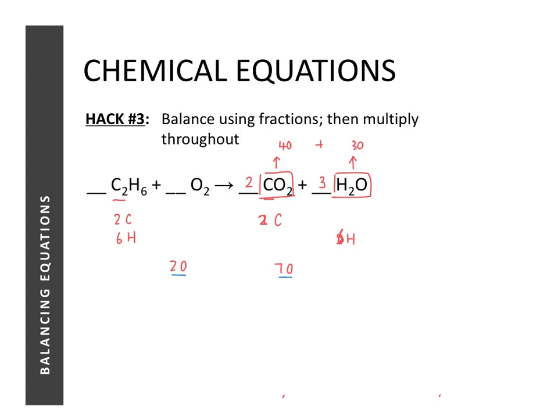So how do we balance it? Again, it is to apply a fraction somewhere. And where do we apply the fraction? It is to put it in front of O2. We can add 7 over 2 oxygen. And once we multiply it by 7 over 2, we'll end up with 7 oxygen atoms on the left as well. Alright, so the last thing that we need to do now is to multiply throughout by the denominator.